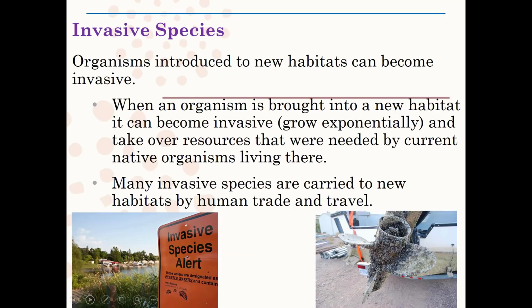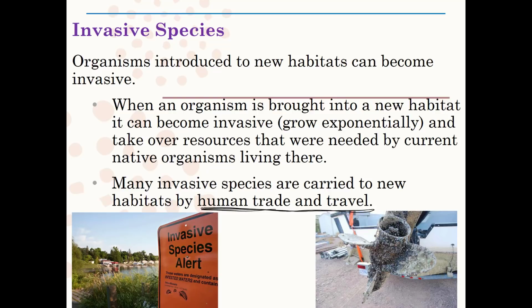Now, invasive species, those are organisms that are introduced to a brand new habitat. And unfortunately, a lot of invasive species are brought to their new habitat by us. A lot of times human trade and travel cause this to happen, not always intentionally, but sometimes it is intentional.